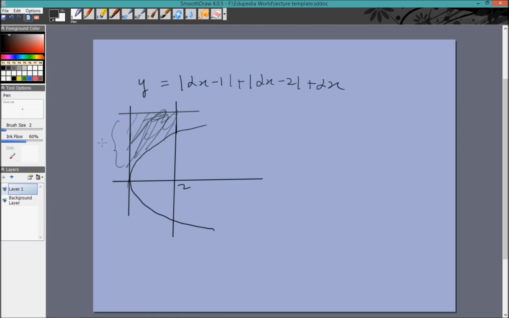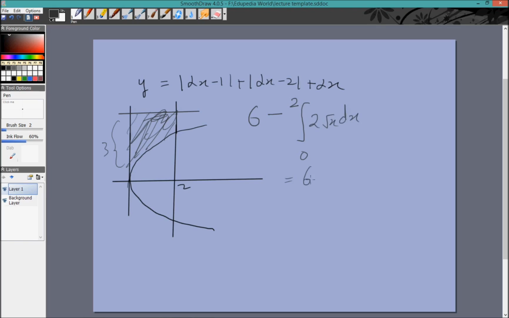Right. This is 3. So we know the total rectangular area is 3 into 2, that is 6. So the area of this region will be 6 minus the area under this parabola. The area under the parabola will be the integral from 0 to 2 of y dx. Right. Y is given to us to be 2 root x.